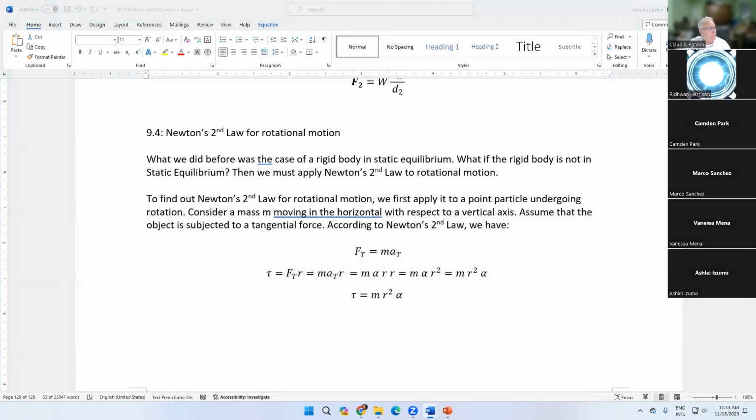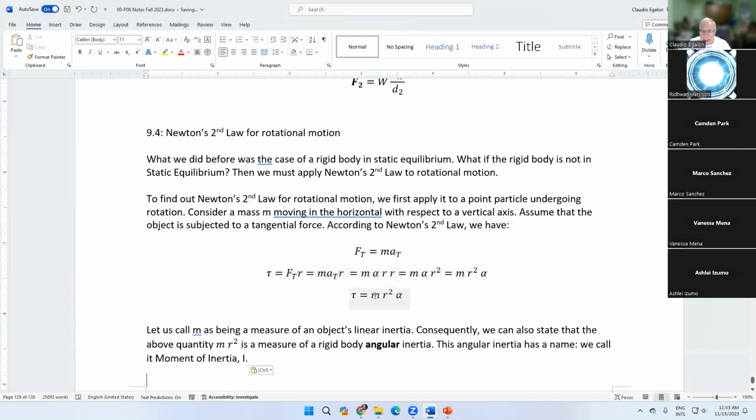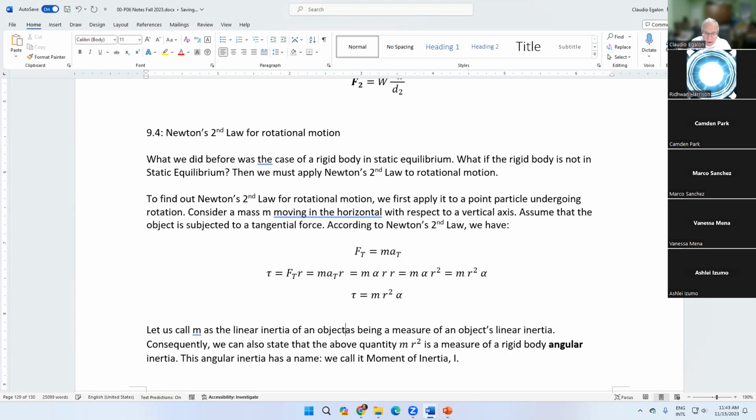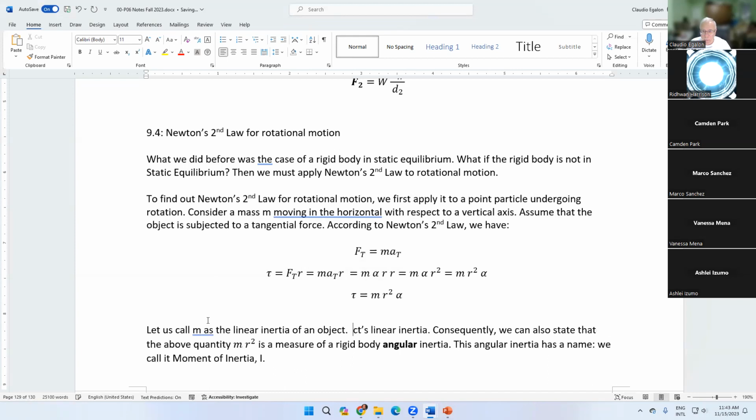Okay. So this term here is what I call the angular inertia. Okay, mass is in reality linear inertia. Let's call m the linear inertia of an object. That's what mass is all about.